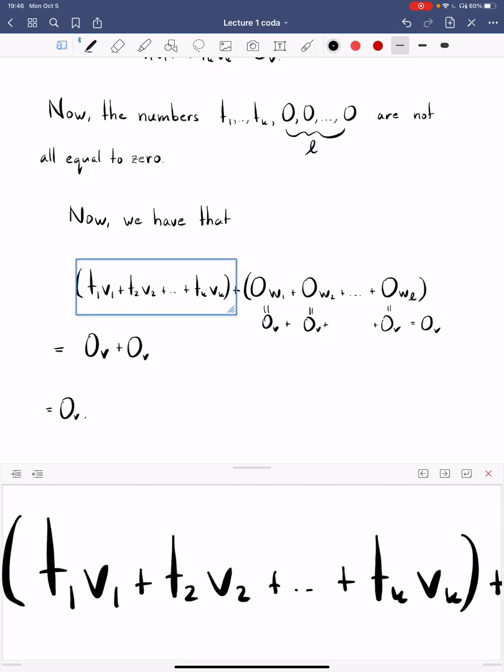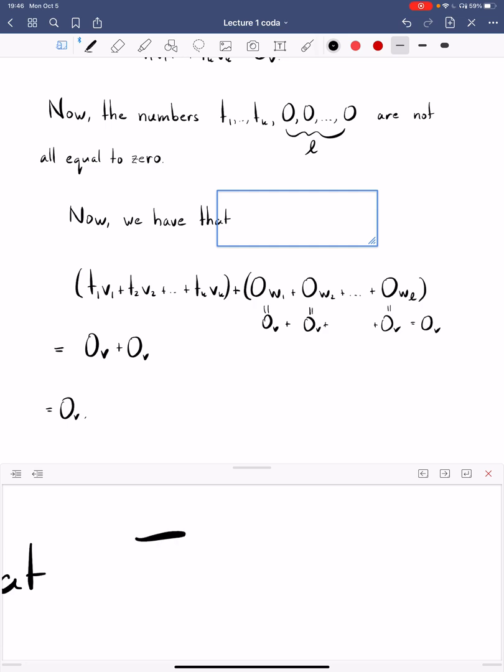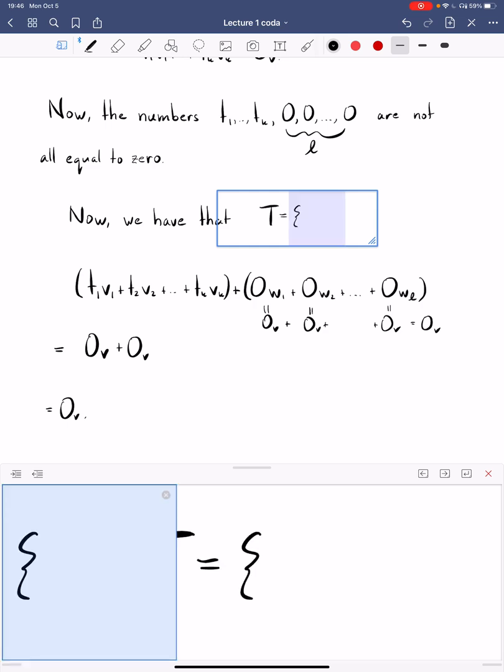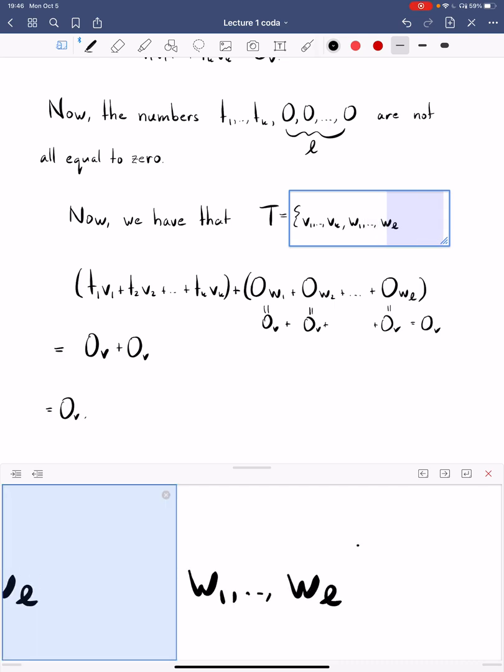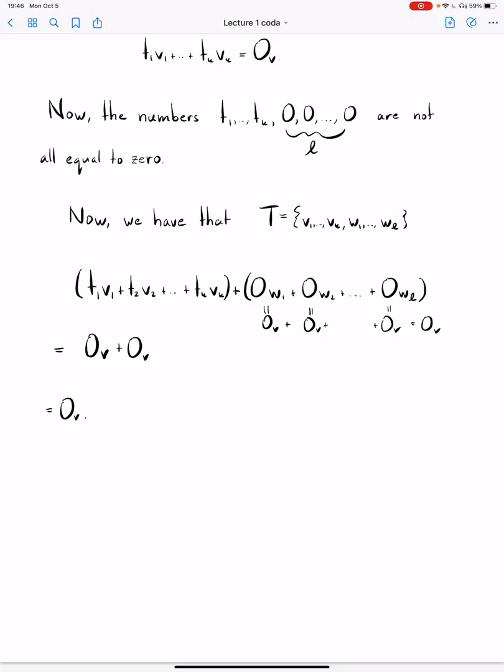And this causes the corresponding linear combination of the vectors in the set capital T, which is equal to V1 through VK, W1 through WL, to be the 0 vector, which is exactly the definition of linear dependence.